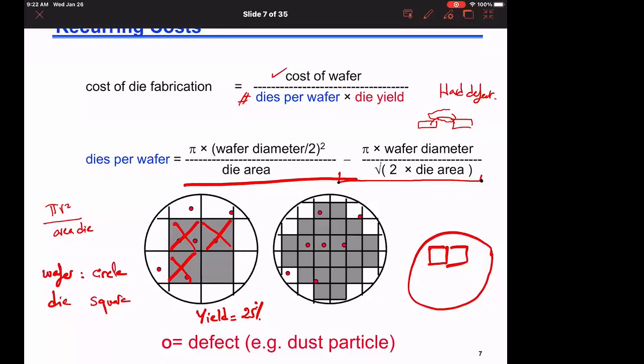So if we calculate this, the yield will be approximately, let us say, 20 over 25, which is like 4 over 5, which is around 80%. Okay, so the yield has increased.